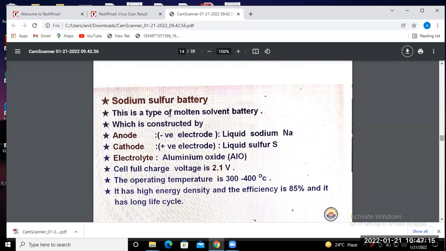The operating temperature is 300 to 400 degrees Celsius, and it has energy efficiency of 85% and a long life, that means 5 to 10 years. We already mentioned that few minutes earlier. Okay, so these are the specific materials used for this sodium sulfur battery. You have to be concerned about the anode and cathode terminals and electrolyte material, the same things you may find in other types of battery.